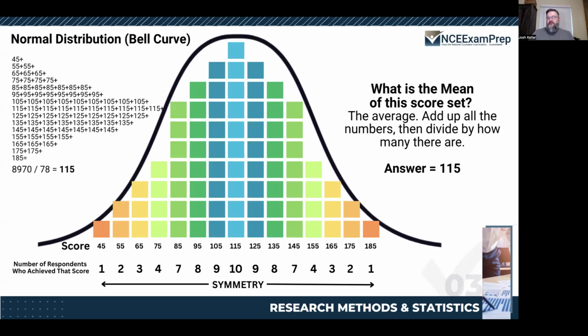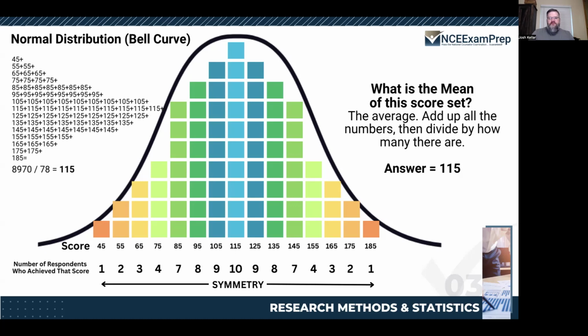Well, now we have to figure out what the average is by adding all of those scores. 2 3s plus 2 4s plus 1 5. 3 plus 4 is 7, plus 5 is 12, plus another 7 is 19. So we'd have to figure it out that way. Okay.